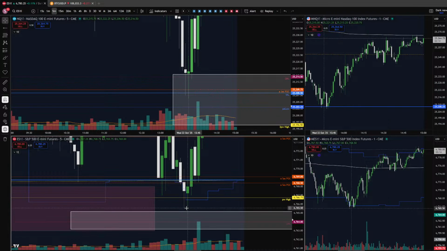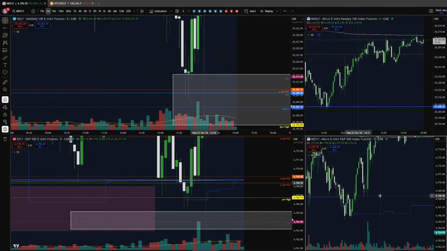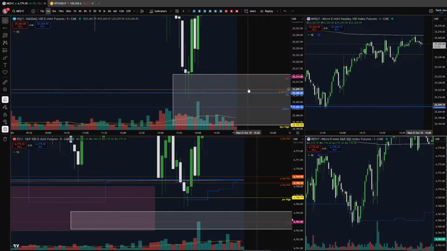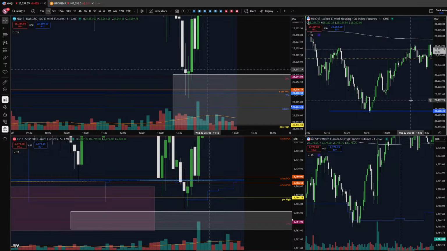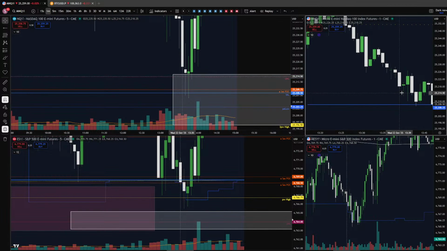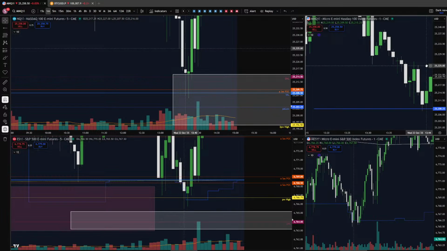So a stop loss below here would have been safe to place. Anyways, this is something to note during London session. We could have a great entry trigger at our level, as you can see now. Back in the time, this was not here.